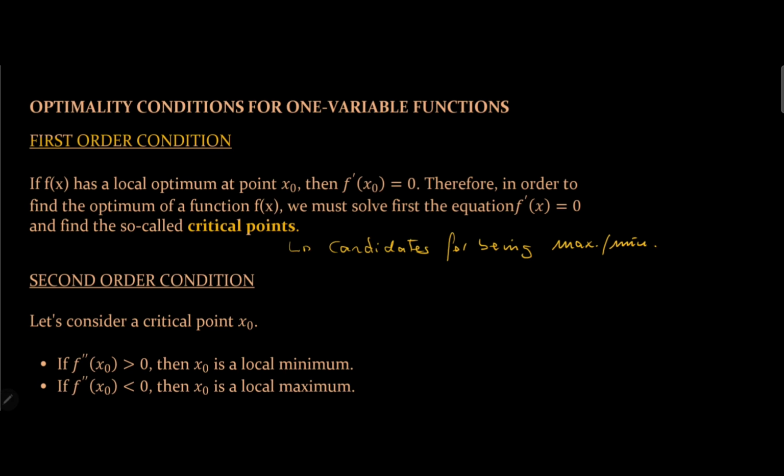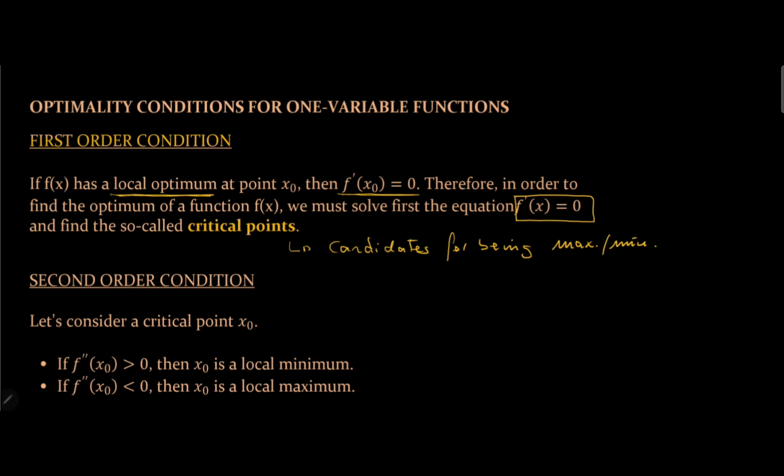And the condition for being a critical point is being a solution of the equation first order derivative equals 0. Because if we have a local optimum, then this must necessarily be a solution of such equation.